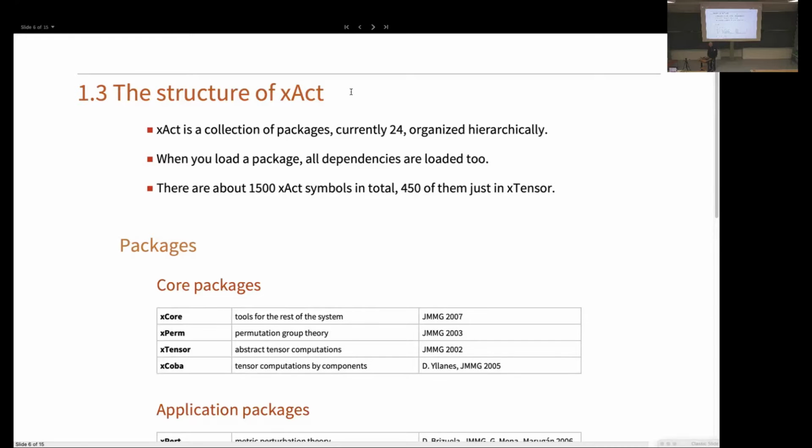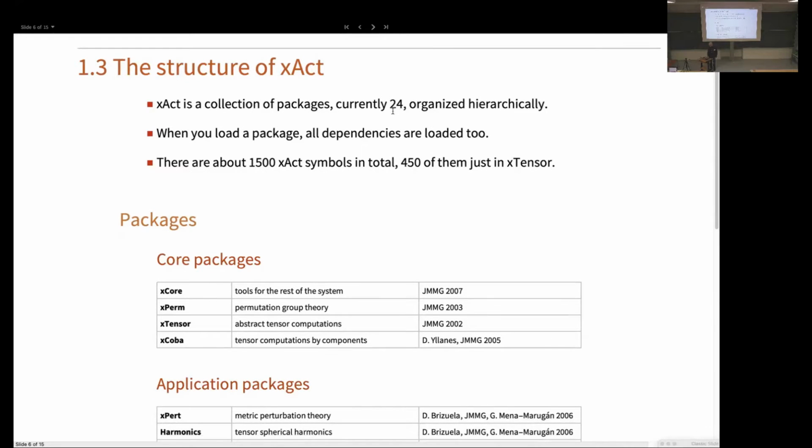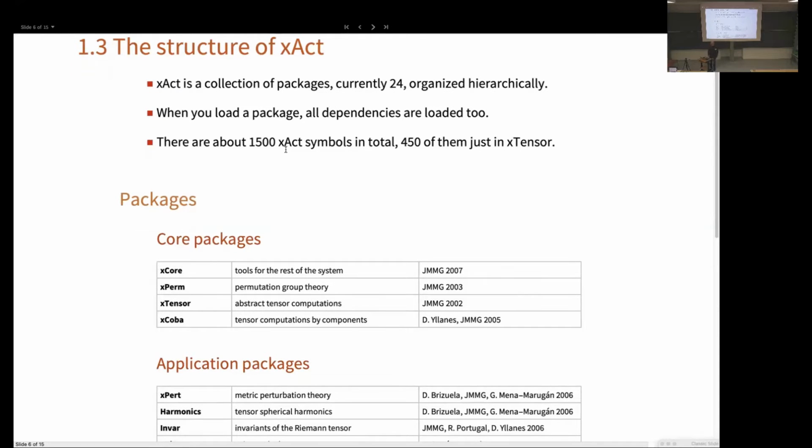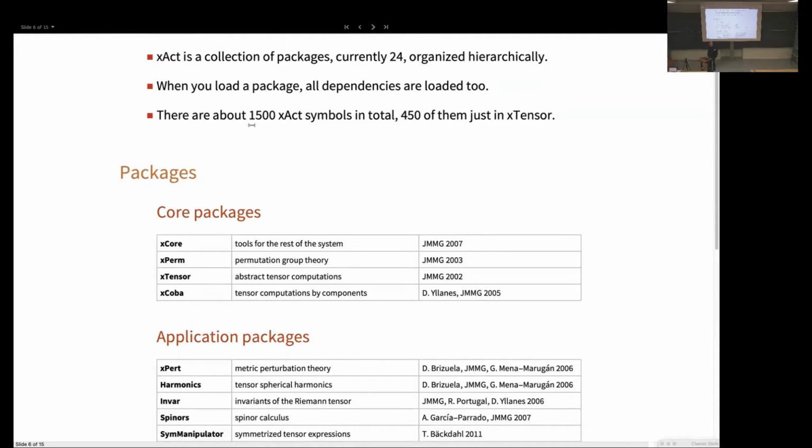The structure of xAct, as I said, is currently 24 packages organized hierarchically. That means that when you load a package, it will automatically know the dependencies and load all other packages. There are about 1,500 symbols, which is quite a lot compared to the 6,000 more or less that Wolfram language has. And the main package is xTensor.